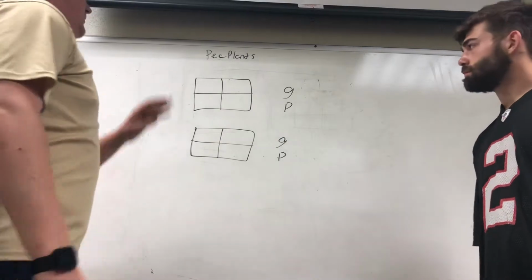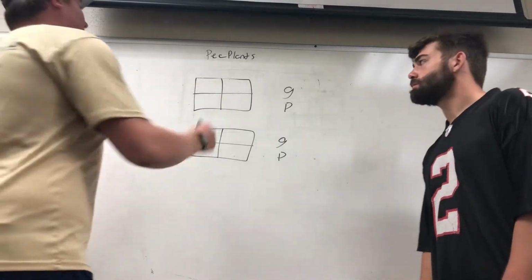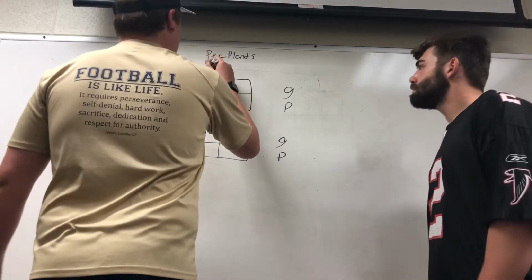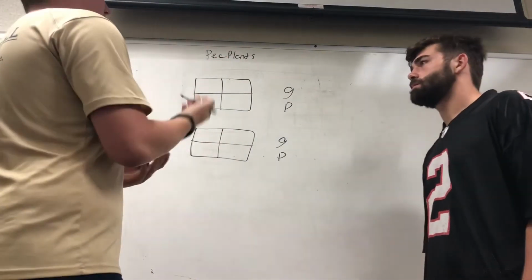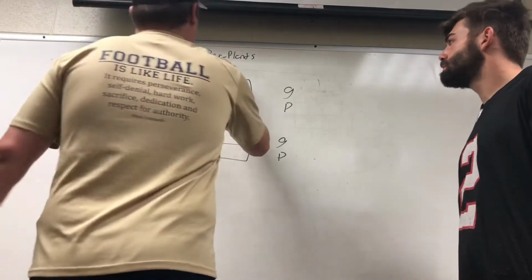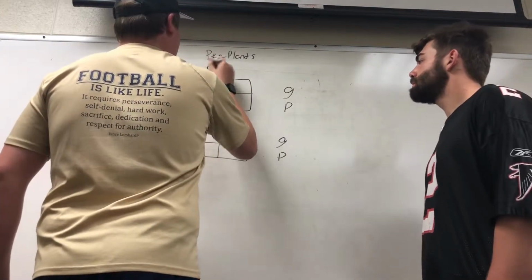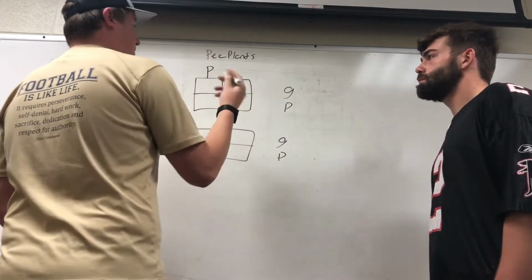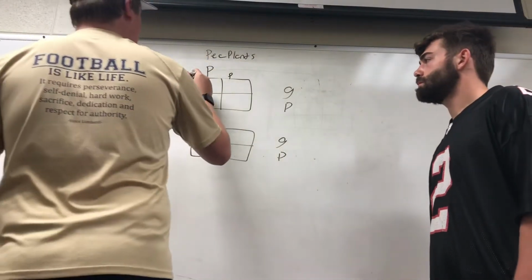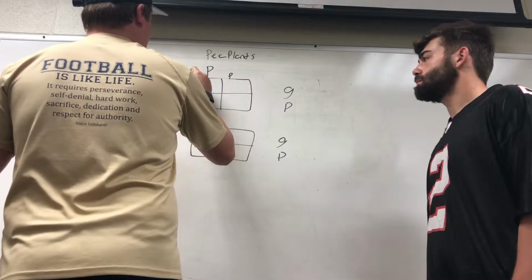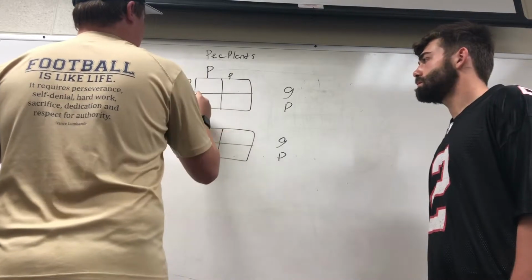We're going to do some Punnett squares here. We're going to do a heterozygous at the top of the pea plant. On this one, we're going to be doing purple and white flower color. So we're going to put a big P to demonstrate the dominant purple, and a little p to demonstrate the white. And then on this side, we're also going to do a heterozygous.